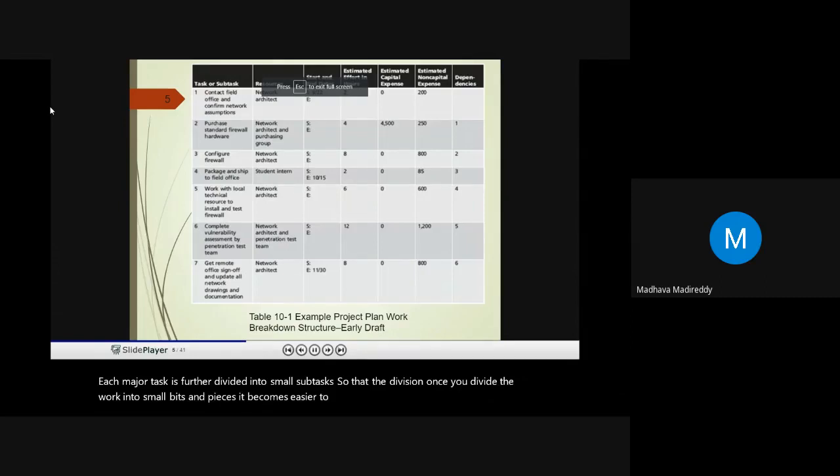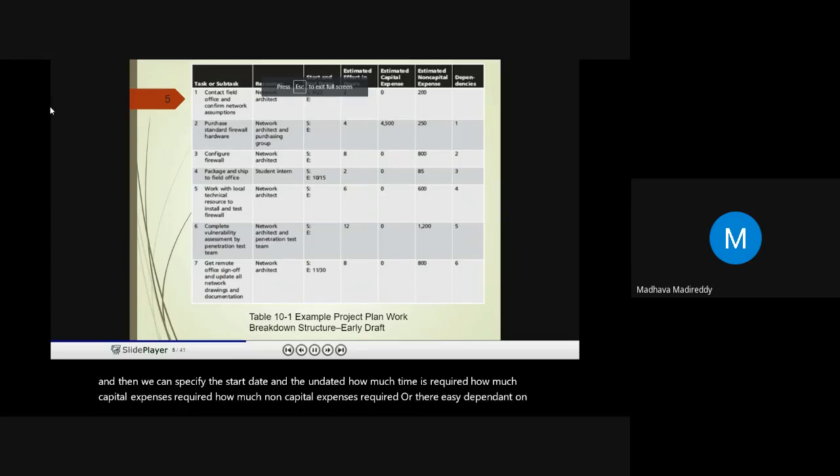If you look at the subtask on the extreme left, for example, the first subtask can be to contact the field office and confirm network assumptions. The resource required for that would be a network architect, and then we can specify the start date and the end date, how much time is required, how much capital expense is required, how much non-capital expense is required, and whether it is dependent on any other task.